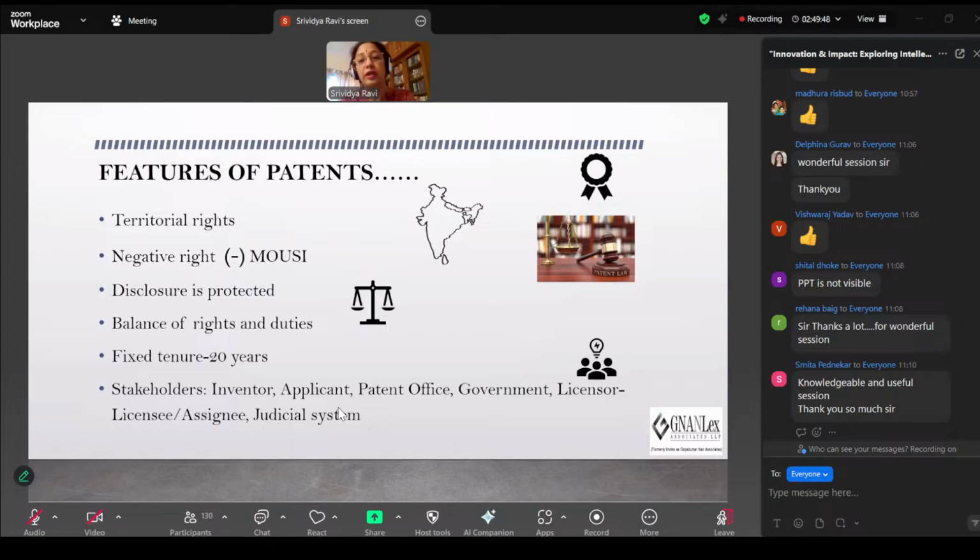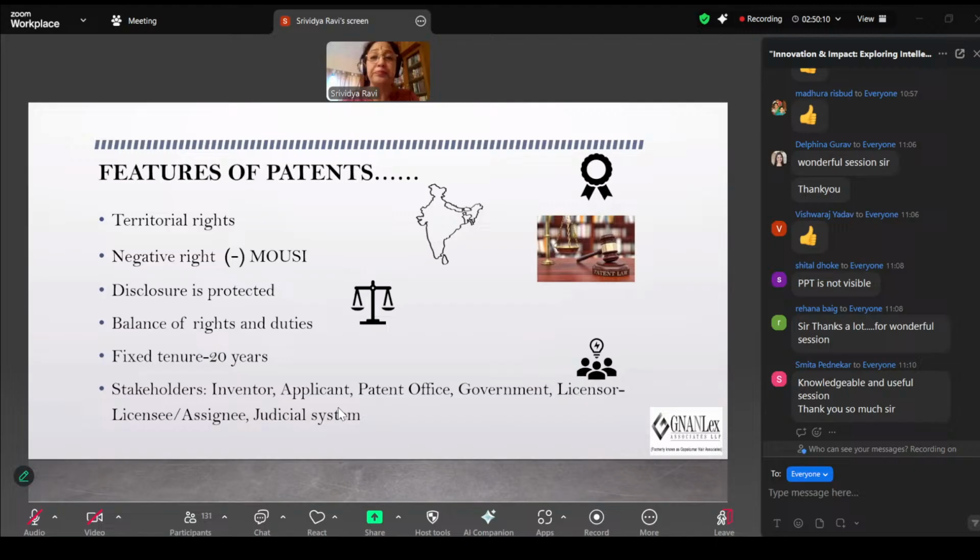You can, of course, grant a license or grant permission to others to use your invention or use your patented technology. Otherwise, you can prevent others from doing these five activities, that is shortened as MOUSI: manufacturing, offering for sale, using, selling, or importing the invention.